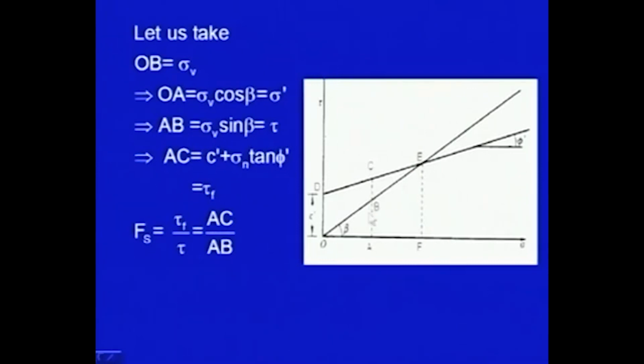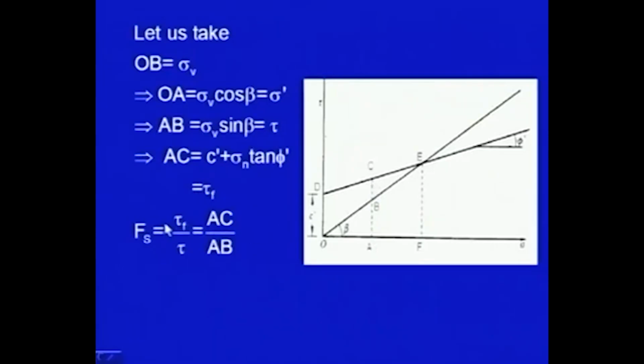And also, what does AC give? AC is nothing but it is tau f, it is equal to c dash plus sigma dash into tan of phi dash. So, in fact, any point on this line gives you tau f. So, AC represents the tau f.